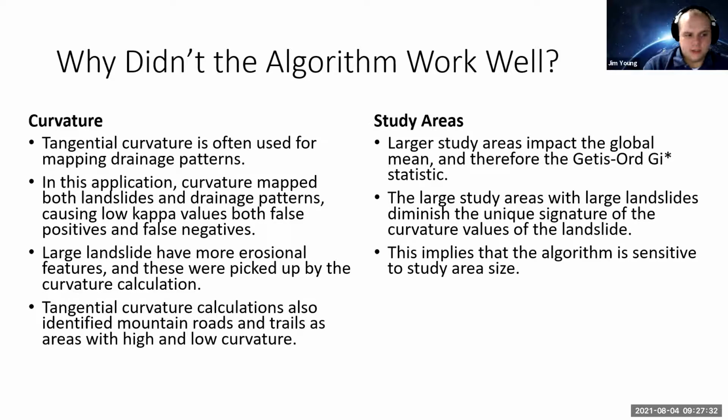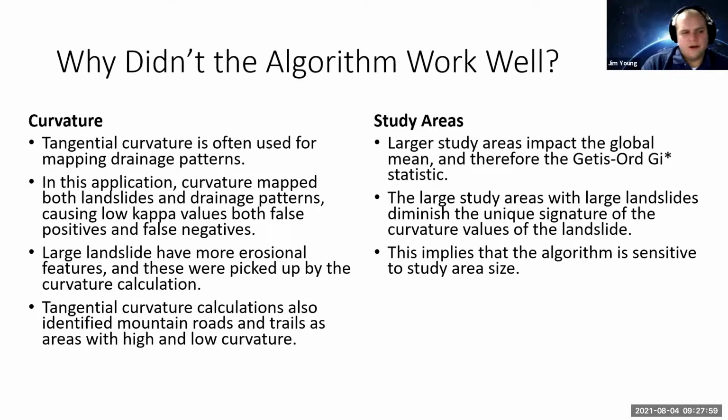In this application, the curvature mapped both landslides and drainage patterns, which caused low kappa values, with both false positives and false negatives. Large landslides had more erosional features, which were picked up by the curvature calculation. The tangential curvature calculations also identified mountain roads and trails as areas of high and low curvature, which also threw off the algorithm.